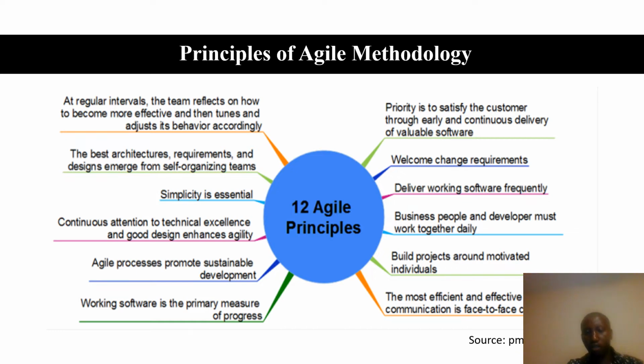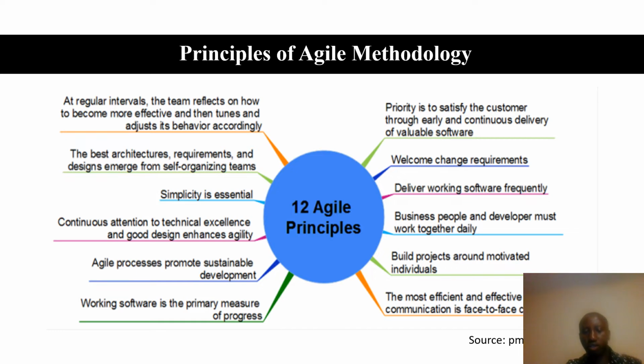On the right, from the bottom to the top: 7. Working software is the primary measure of progress. 8. Agile processes promote sustainable development. 9. Continuous attention to technical excellence and good design enhances agility. 10.